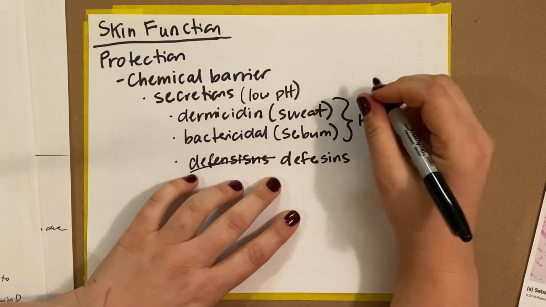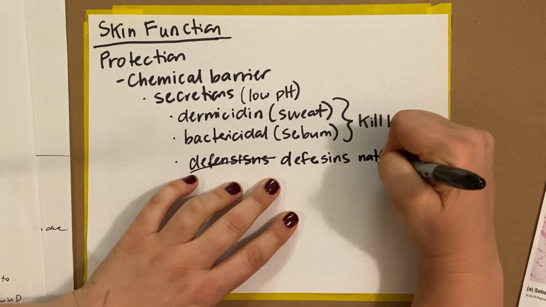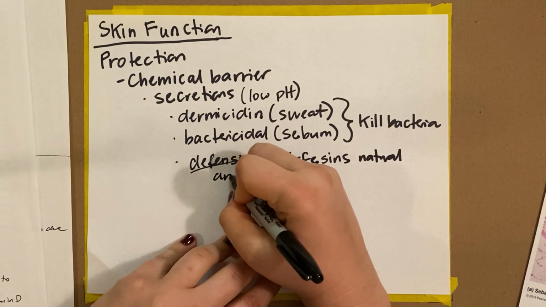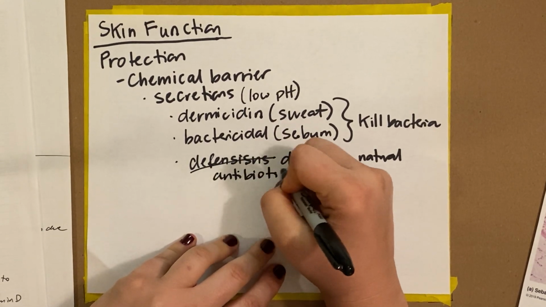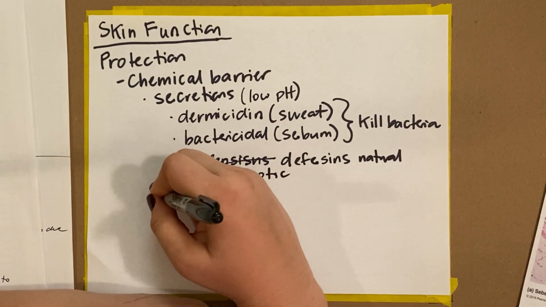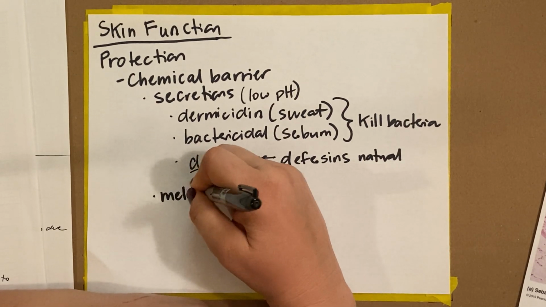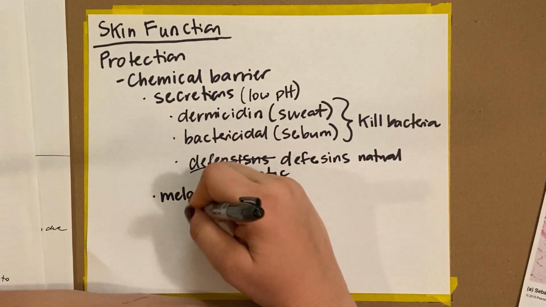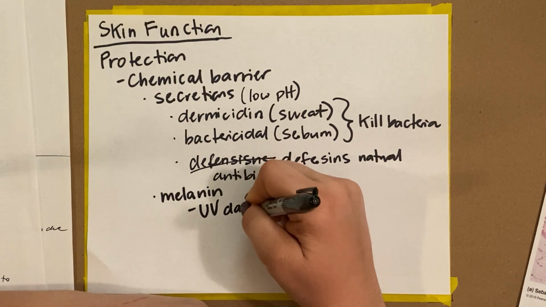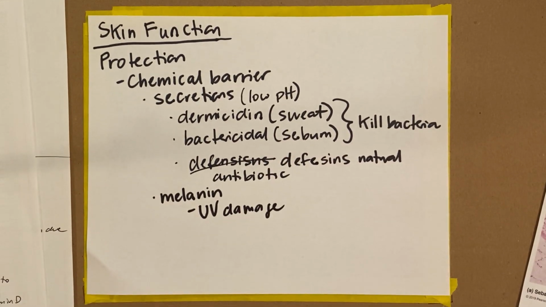There we go. It's just a natural antibiotic. Okay, and then we also have melanin, which is going to help prevent UV damage. So that is a chemical barrier.